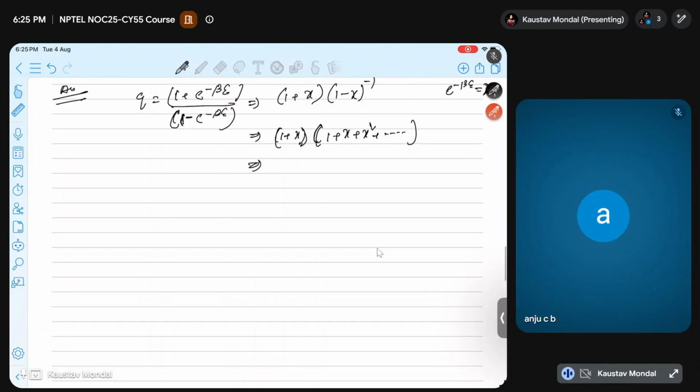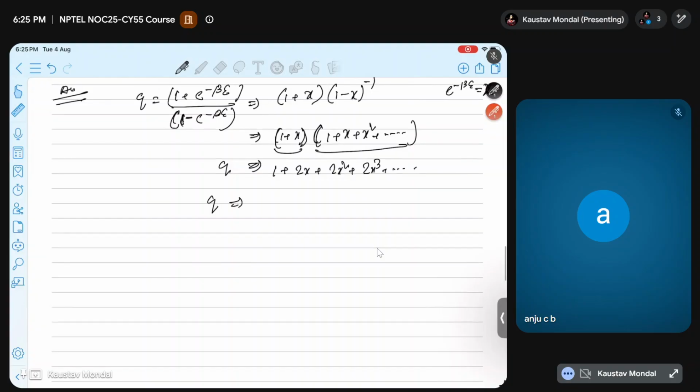Now if you multiply these, you get q as 1 plus 2x plus 2x square plus 2x cube plus dot dot dot. Now substituting, q would be 1 plus 2 into e to the power minus beta e plus 2 into e to the power minus 2 beta e plus 2 into e to the power minus 3 beta e, and so on.